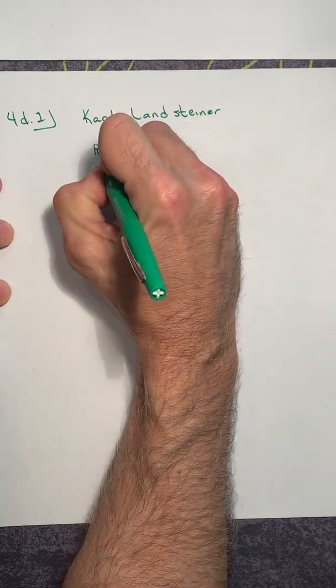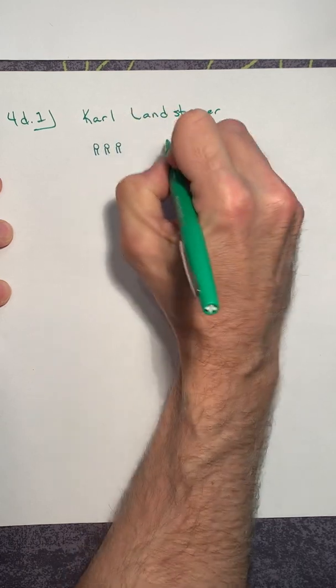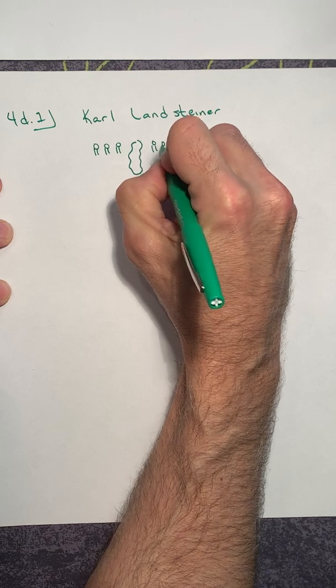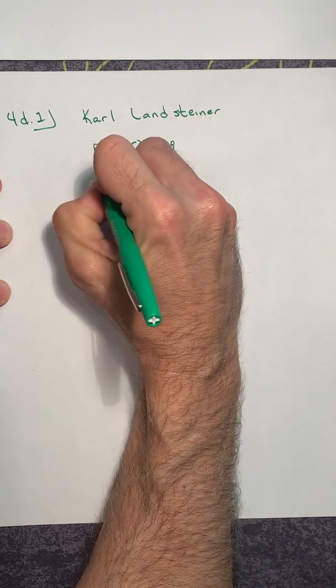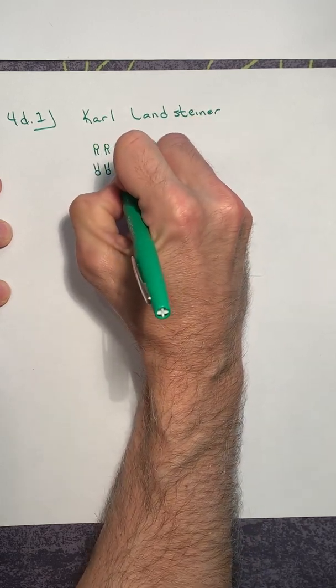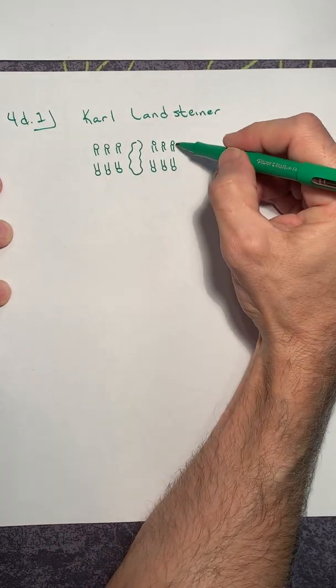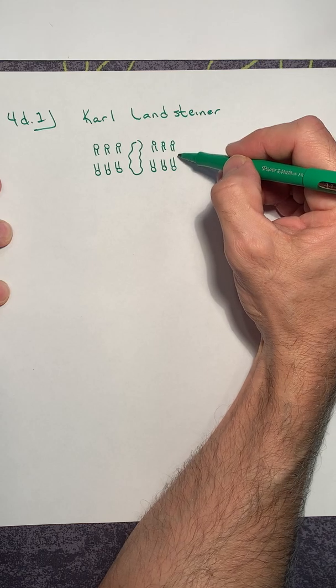So his work with blood typing relates back to what we did with the plasma membrane. So if you recall, the plasma membrane is a phospholipid bilayer. So here's your two layers of phospholipids.